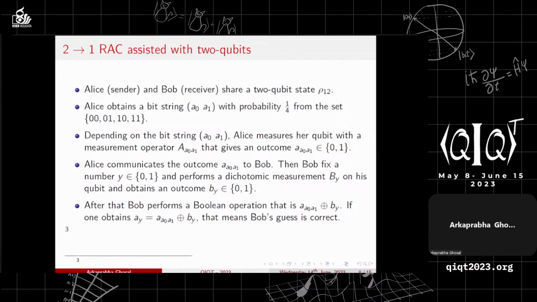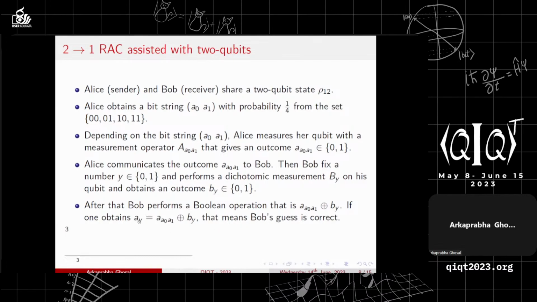After that, Bob, the receiver, will calculate some Boolean function. This particular Boolean function will be an XOR of the outcome communicated to Bob and Bob's outcome.